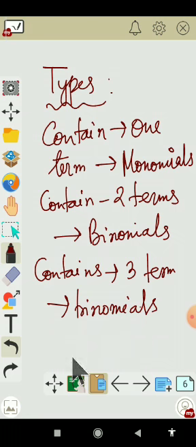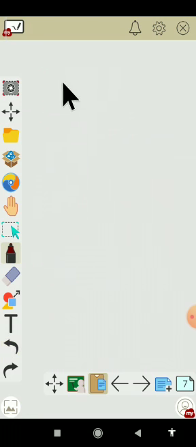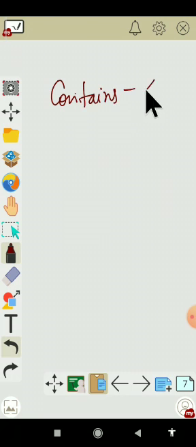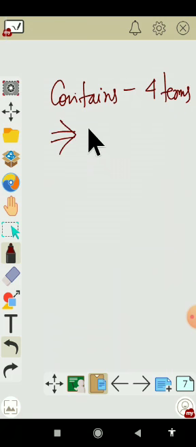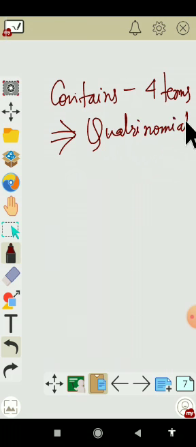If any algebraic expression contains four terms, then it's called a quadrinomial. And if two or more terms are there, then it's called a polynomial.